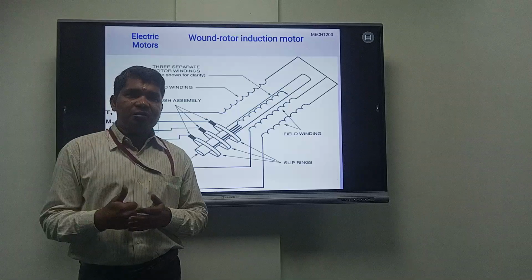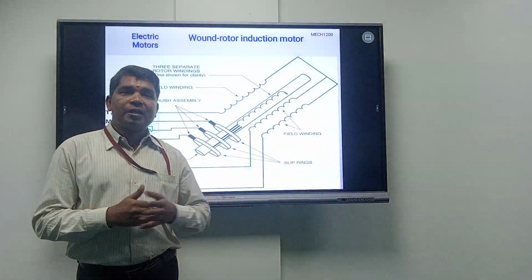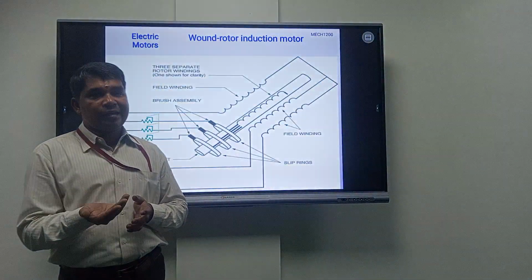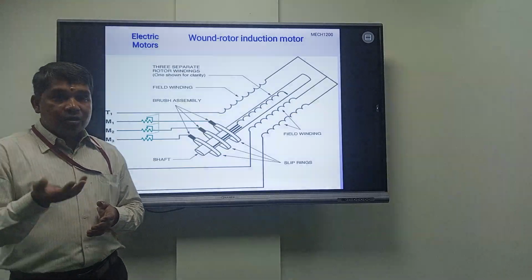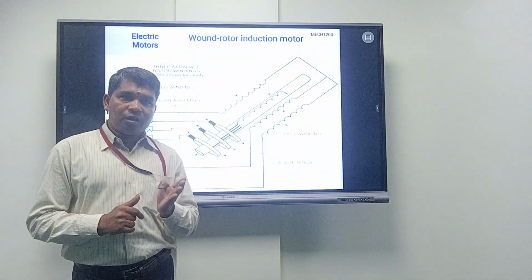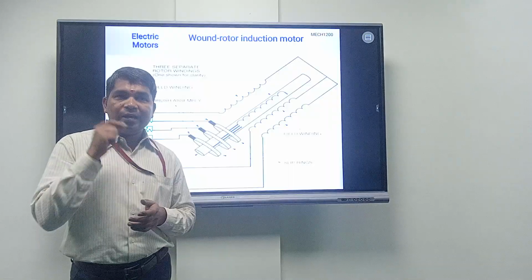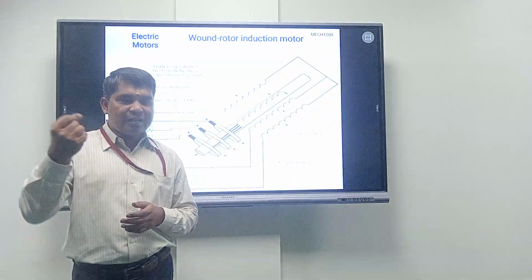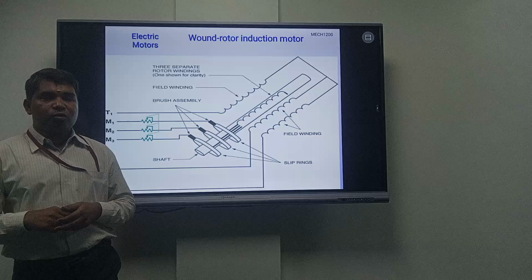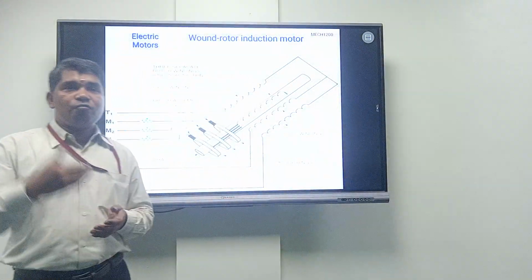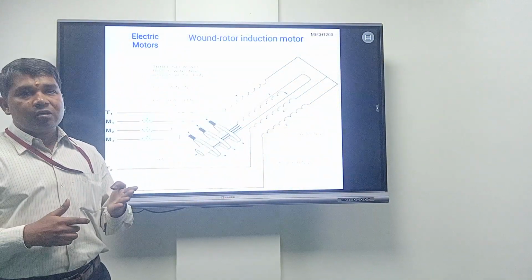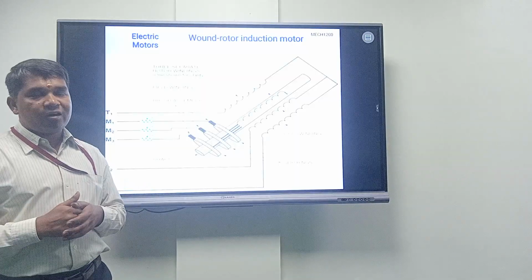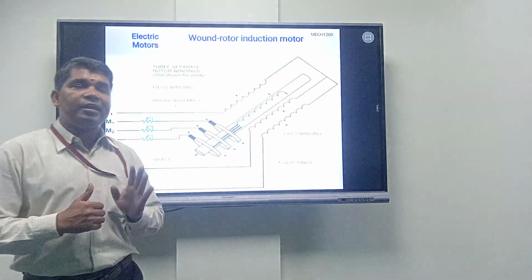When you come to three phase, we have the synchronous motor and the induction motor. Synchronous motor will run at synchronous speed, and induction motor will run at a speed lesser than synchronous speed. In induction motor we have the squirrel cage and wound rotor. Squirrel cage has a three phase AC winding for the stator and a single winding for the rotor.